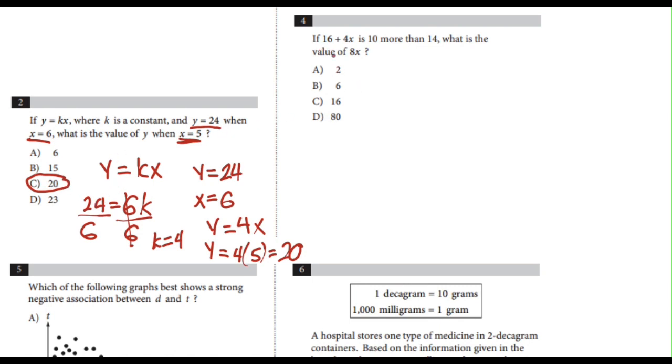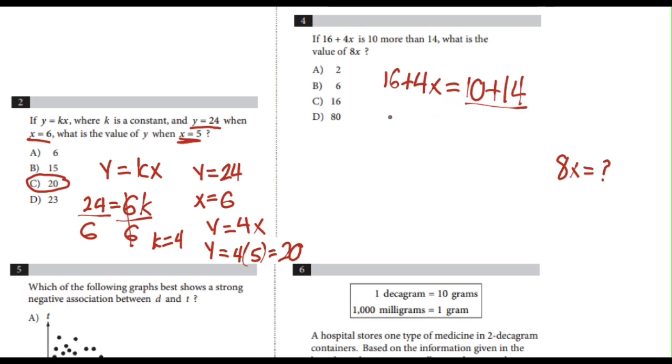For number 4, we have if 16 plus 4x is 10 more than 14, what is 8x? So first we need to figure out what x is, and then we multiply it by 8, and that's what our answer is going to be.